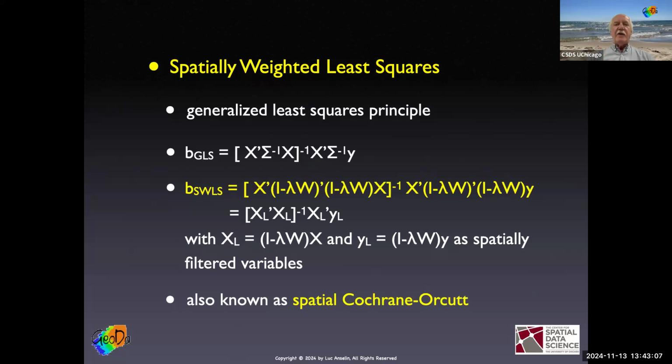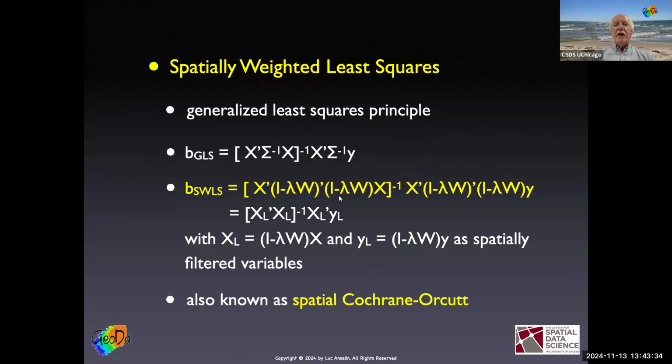And if you do the math and work it out, this expression in the middle here, this sigma inverse, becomes a product of two filtering matrices. We call them filtering because they're the original variable, the identity matrix I, minus a spatial lag weighted by this coefficient.